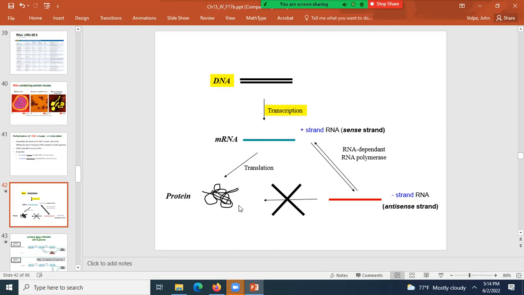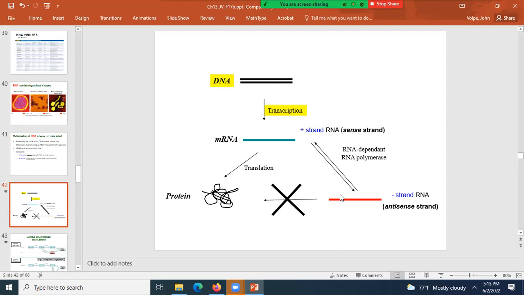For the negative strand RNA genome viruses to replicate, they have to make a positive strand RNA, single-strand molecule, and then they use that positive strand as a template to make more of the genomic RNA strand.